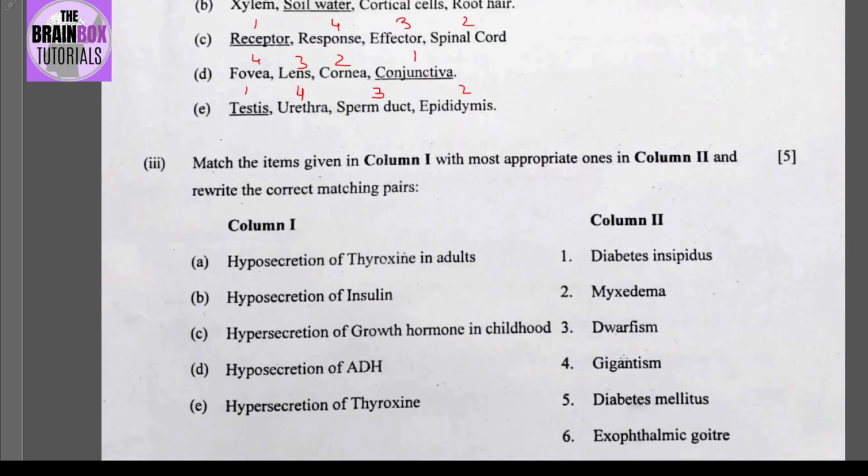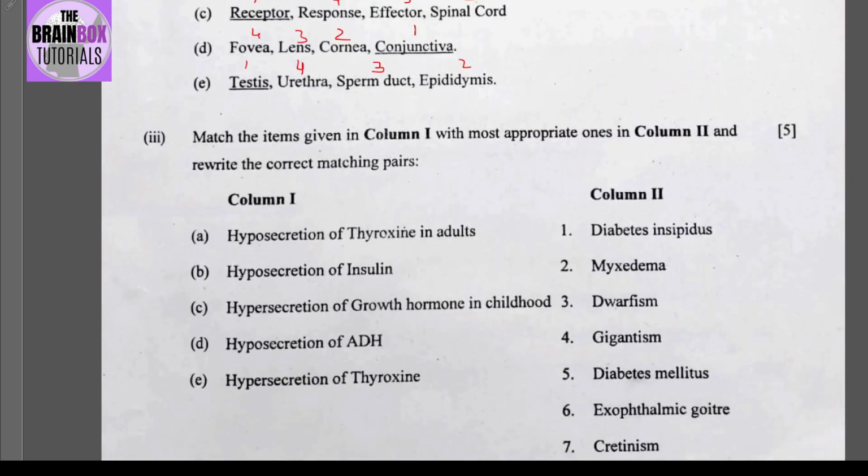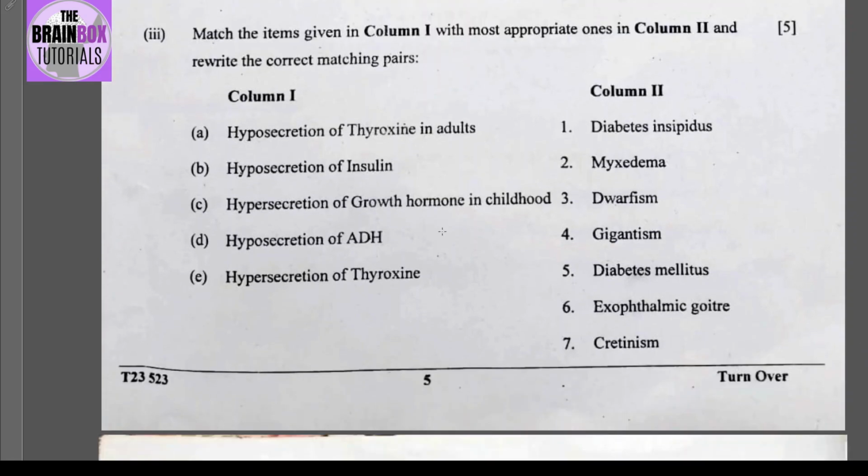Now coming to number 3, match the items in column 1 with column 2, and it is written rewrite the correct matching pairs. I hope you have rewritten properly the correct matching pairs. Now here column number 1, A is hyposecretion of thyroxine in adults. Number A will be number 2 myxedema. Then number B hyposecretion of insulin, that will be number 5 diabetes mellitus.